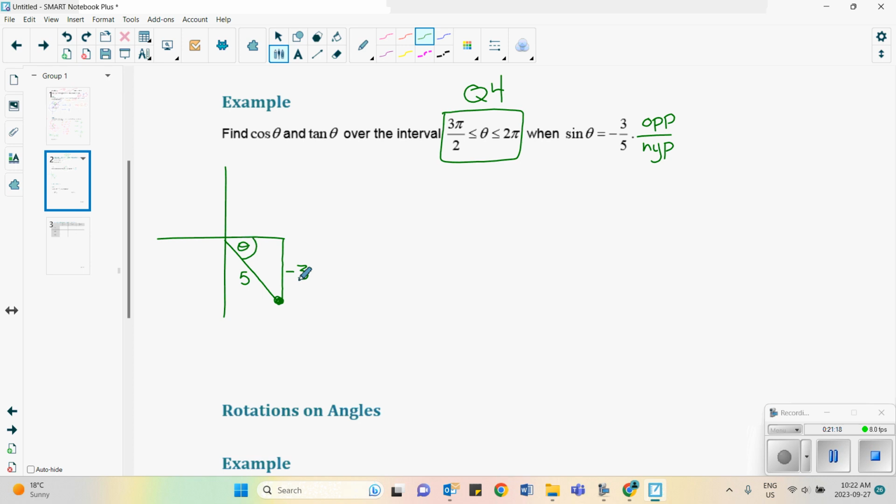Okay, we've drawn the triangle. So we need to find cos and tan. We're missing a key piece of information, that x value, and we're just going to use Pythagorean theorem to solve for it. But this time we have the hypotenuse. So it's going to be -3 squared plus b squared equals 5 squared.